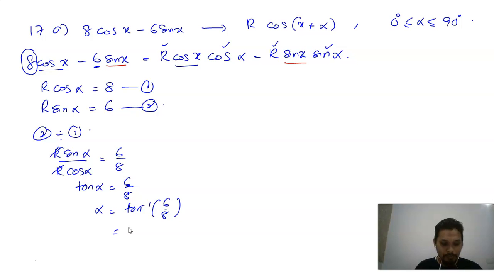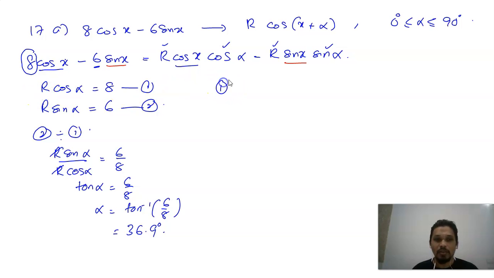Now, let's find out arctangent of 6 divided by 8 equal to 36.86 or 36.9 degree.